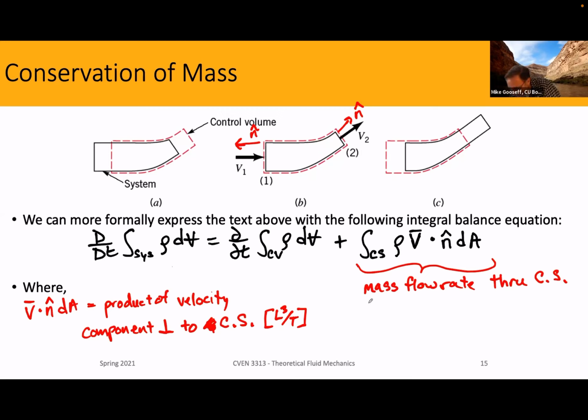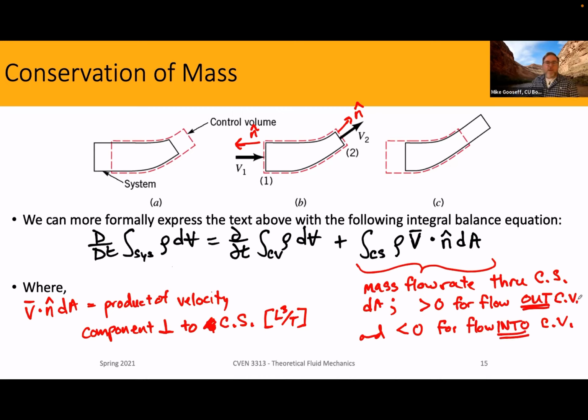In this case, through dA, and it's greater than 0 for flow that is out of the control volume or out of the control surface, and it is less than 0, or negative, for flow into the control volume or into the control surface. Okay?